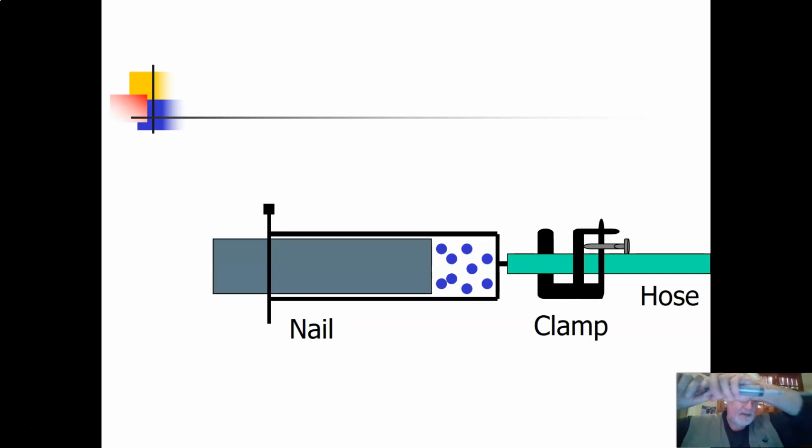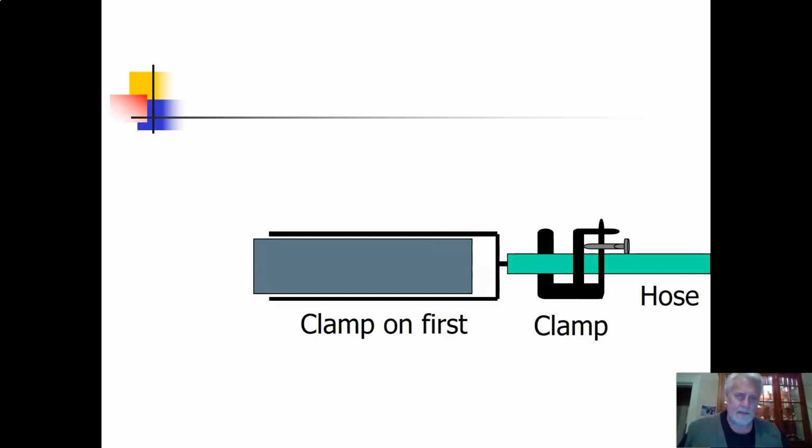So what you're able to do is, and I'll show you that little area right in there, that's nothing. That doesn't ever happen in nature. It's a complete vacuum of nothingness. So if you put the clamp on first and pull it back, guess what's in there? A whole lot of nothing.